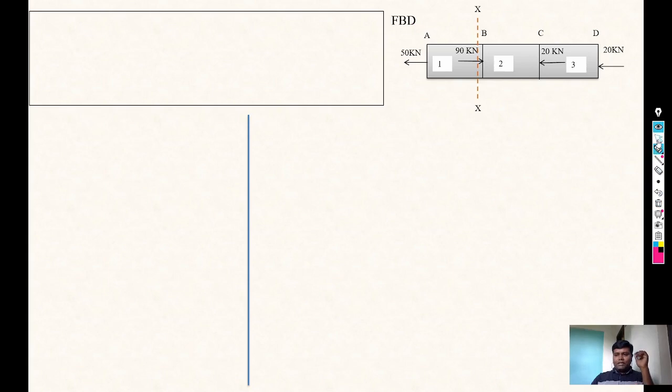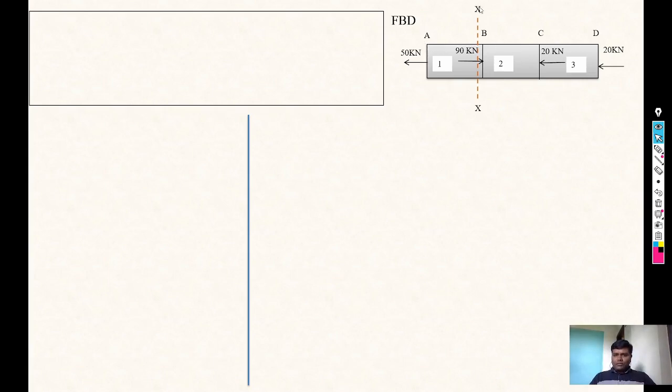But we are keeping one rule for every numerical: for free ends we always start calculation from left side, and if one end is fixed and another end is free, we start our calculation from the free end. Now here both ends are free, so we will start our calculation from A point.